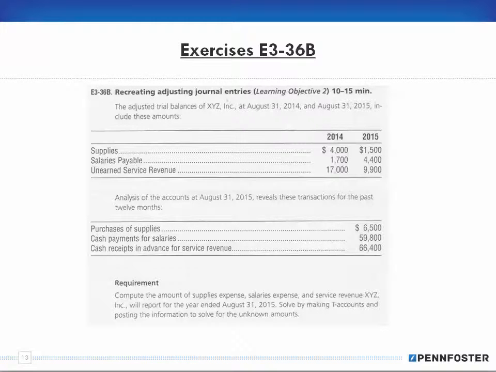And it says the adjusted trial balance at August 31st of 2014 and August 31st of 2015 include these amounts. So here's 14, here's 15 for these amounts. Analysis of the accounts at August 31st, 2015 reveals these transactions for the past 12 months.